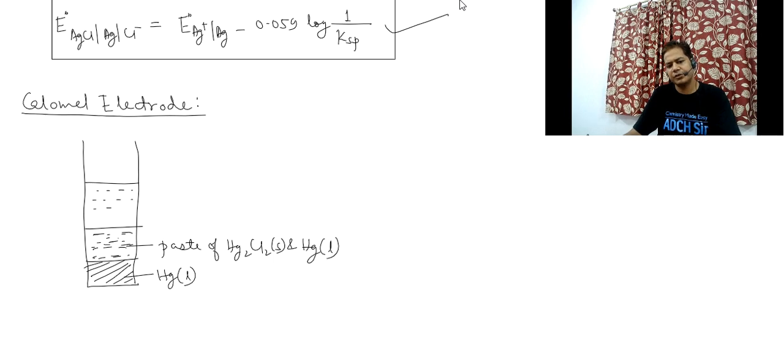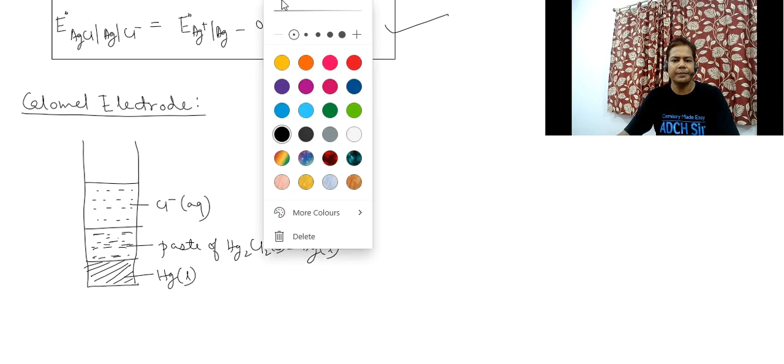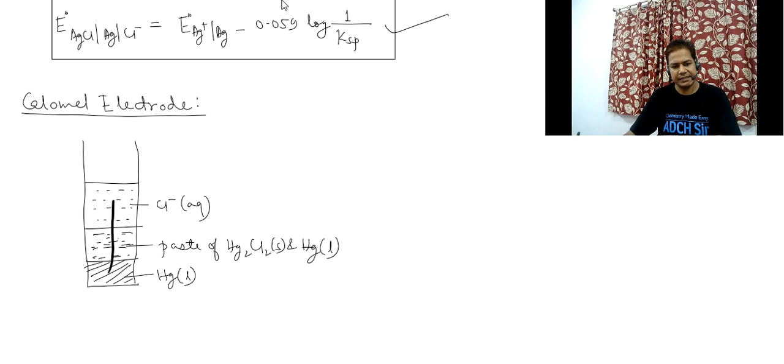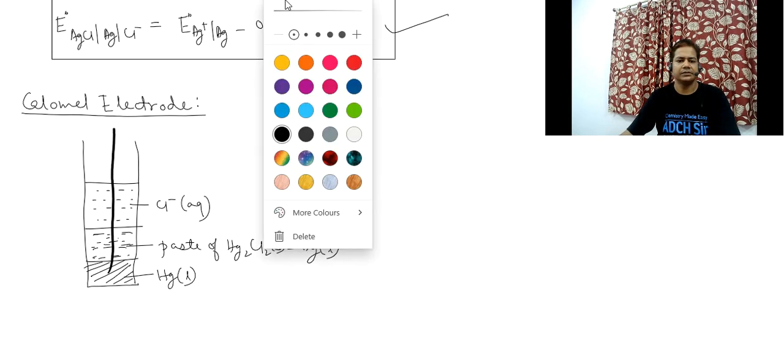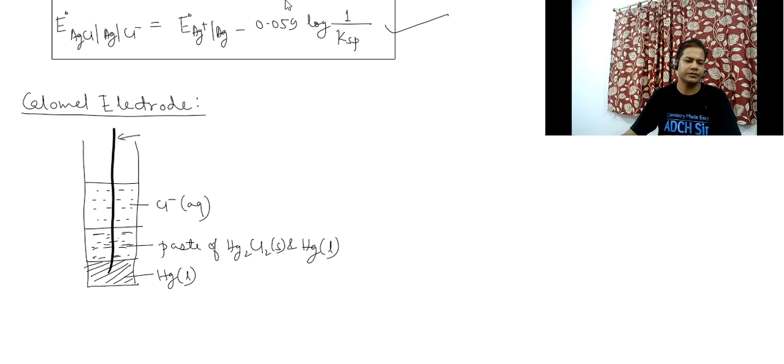Above it we have a solution of chloride ions. Inside it we have a platinum wire. This is a typical construction of a calomel electrode.